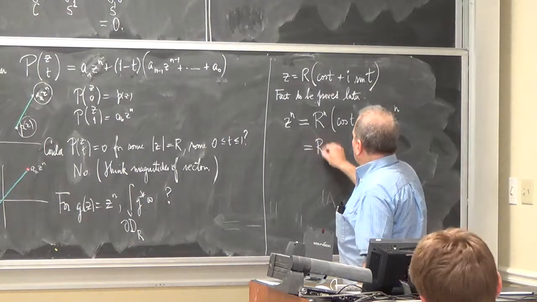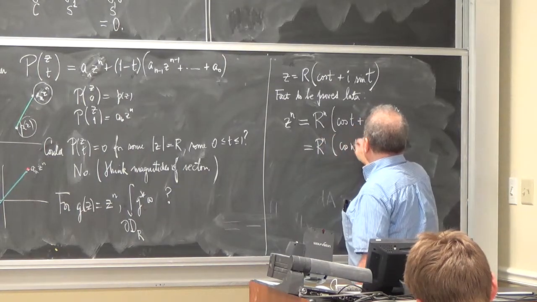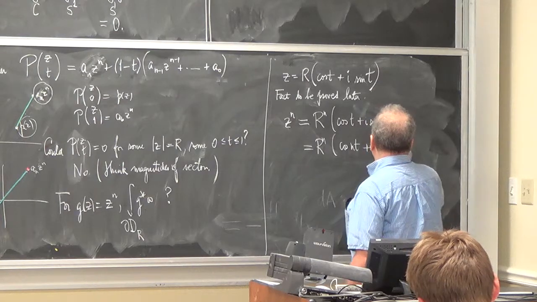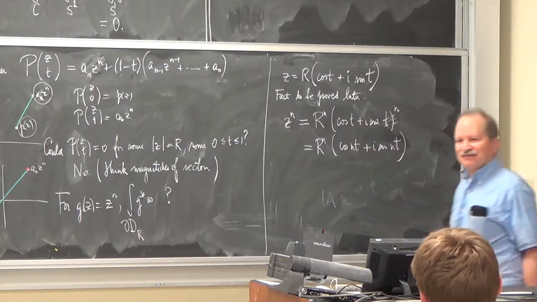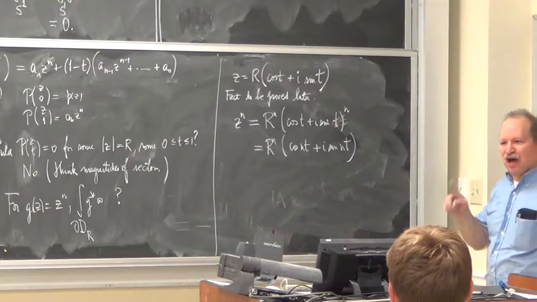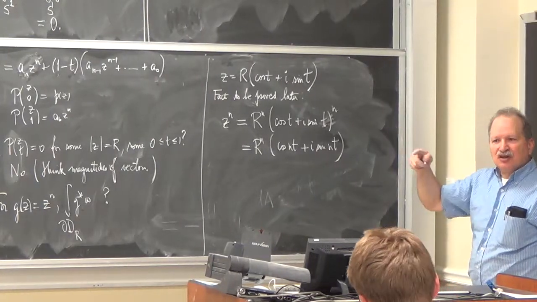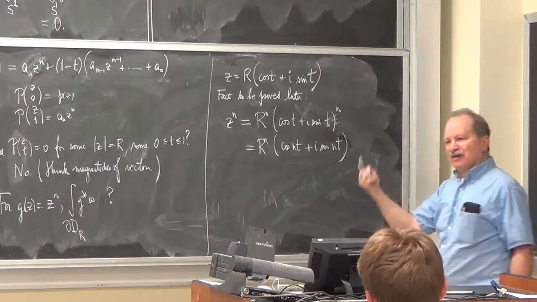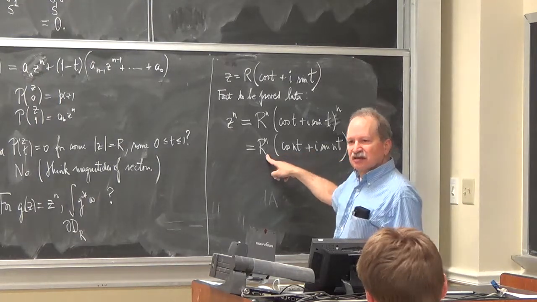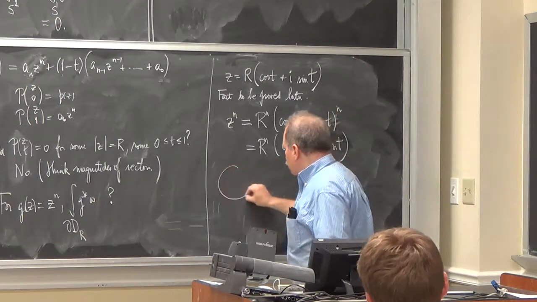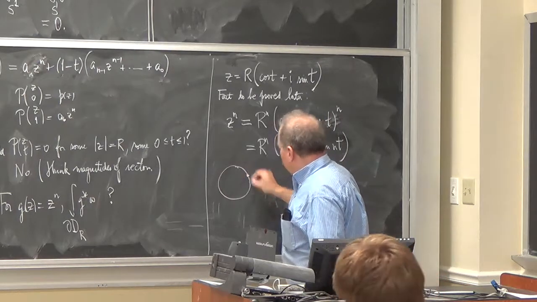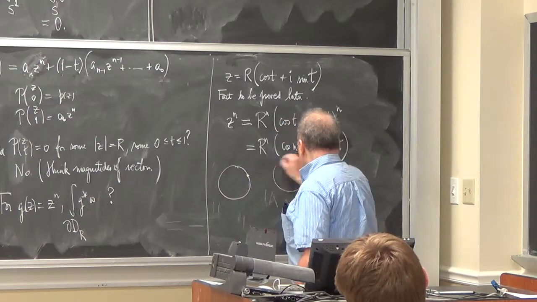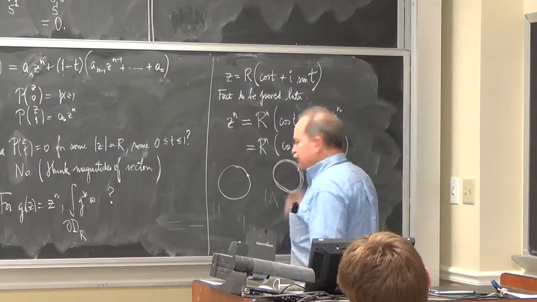And the cool thing is that that's cosine nt plus i sine nt. So when you multiply powers of z, you're wrapping around faster and faster around the circle. And the circle's got a bigger radius. So as you make one revolution around the unit circle, taking the nth power goes around n times.